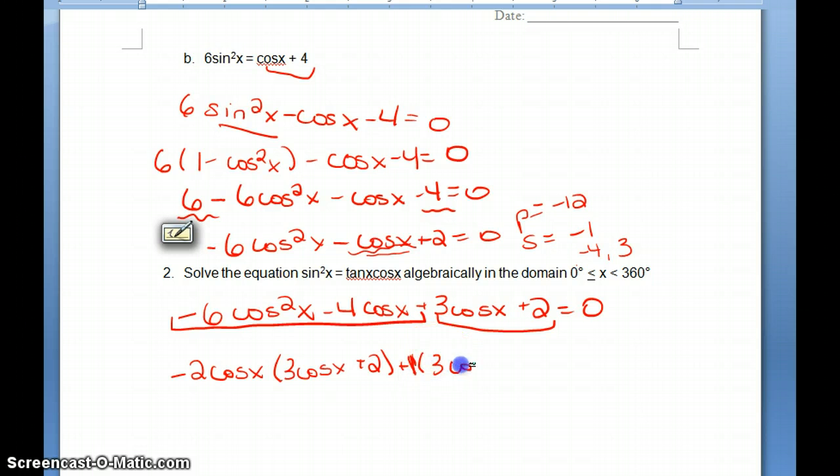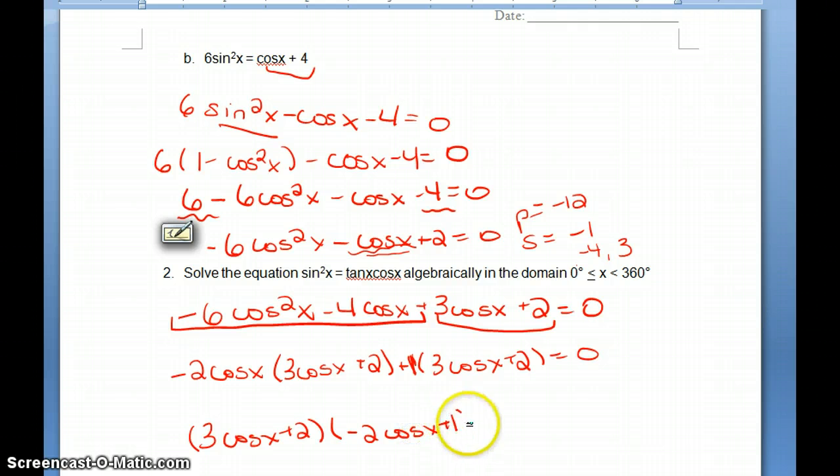And we have 3 cosine of x plus 2 is equal to 0. Then we can pull out a common factor of 3 cosine x plus 2. And what we're left with there is negative 2 cosine of x plus 1. And those are both equal to 0.